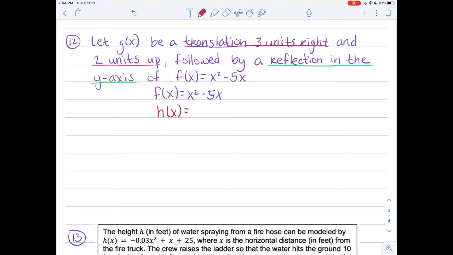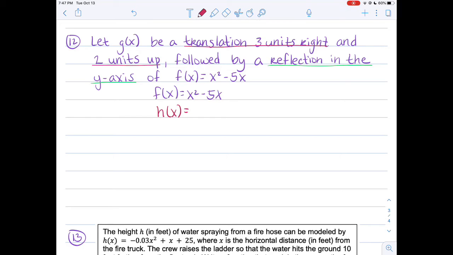So remember that horizontal translations occur inside with x, and they cause us to go the opposite direction. This means that if I want to move to the right, I need to replace x everywhere that I see it with x minus 3. Remember, going to the right is a negative sign.